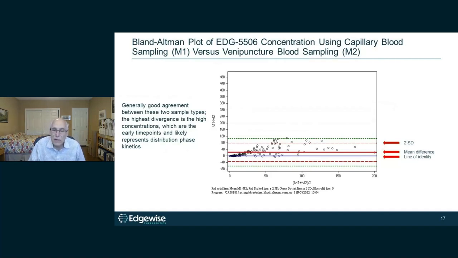So we really believe that the difference between capillary sampling and venous sampling is the most important, and that difference is largely reflective of pharmacokinetic distribution kinetics rather than the technical manner in which the samples were collected.